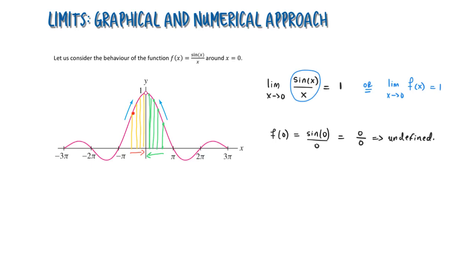And we want to see that the y values are converging to something, just like these arrows are indicating. We want to see that the y values are converging to a fixed real number. And in this case, the y values are converging. Converging means approaching. They are approaching 1.